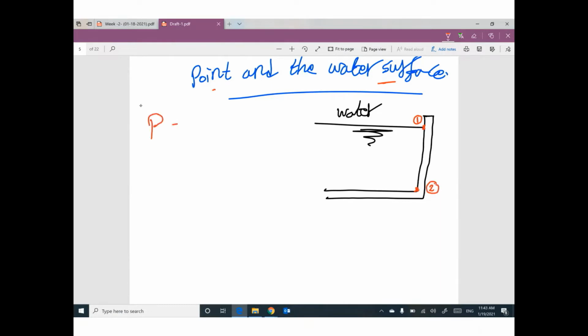Pressure at any point equals gamma H. We are looking for the pressure at point 1, and what is the pressure at point 2?